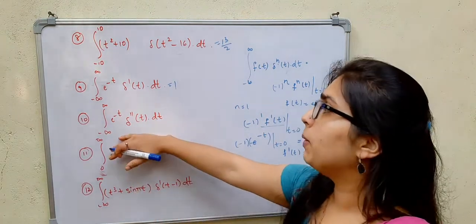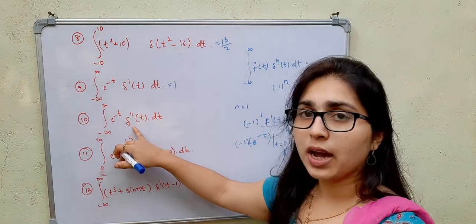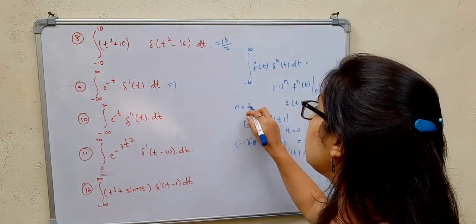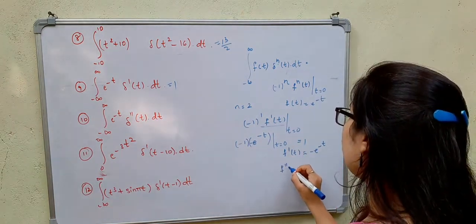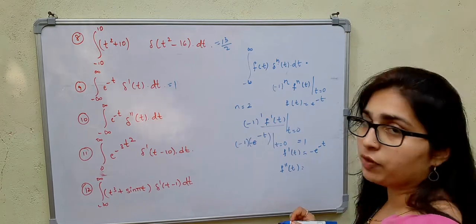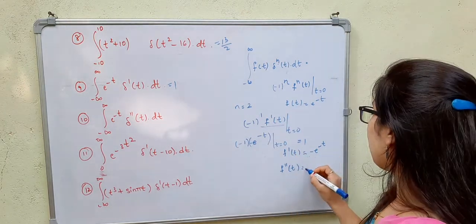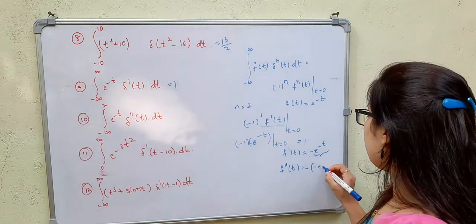So in the next problem, they have considered the same f of t, but what happens? This is 2 times differentiation. So instead of n is equal to 1, we have to consider n is equal to 2. So this is the one time differentiation. What will be the 2 times differentiation of f of t? It is differentiating f dash of t with respect to t. So minus, what is the differentiation of e to the power minus t? That is minus e to the power minus t.